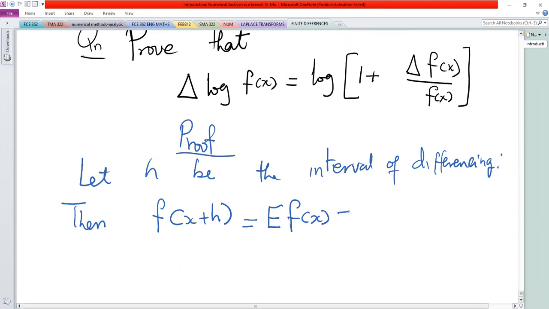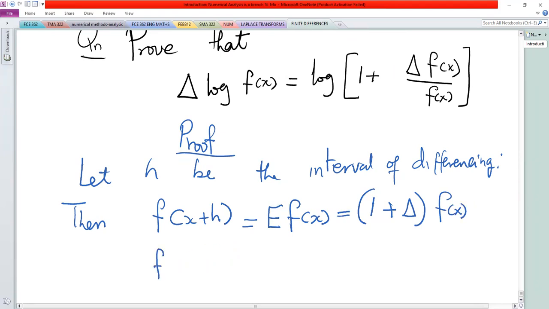And then we know that the shift operator from the previous result is given by 1 plus the forward operator. And then this is f of x.